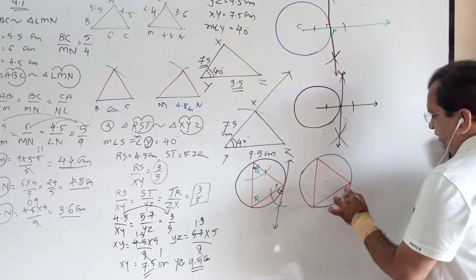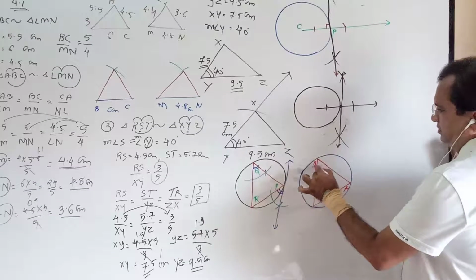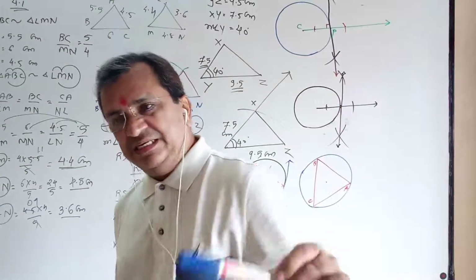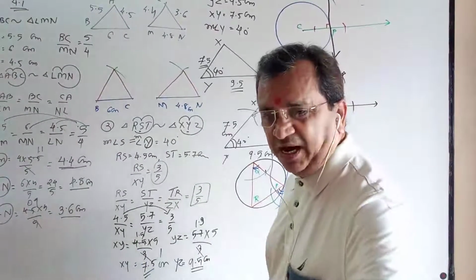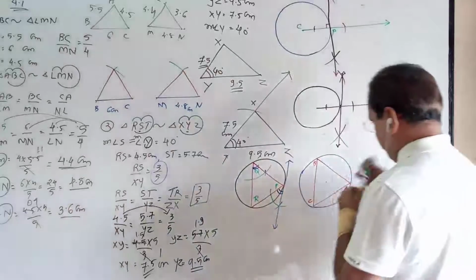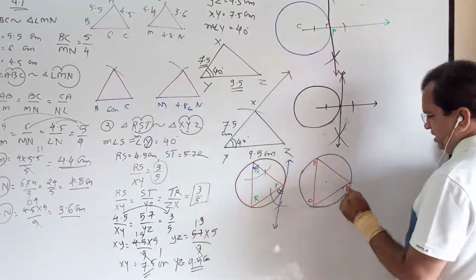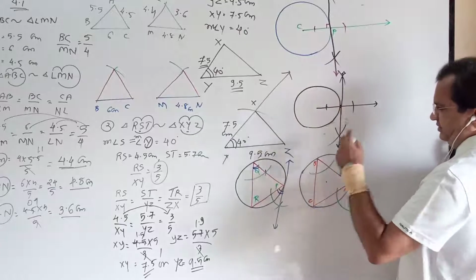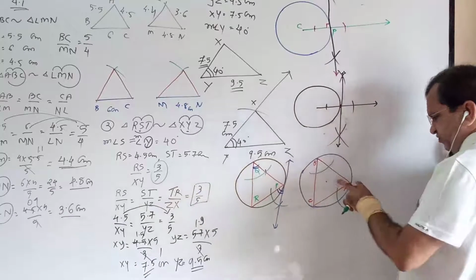This you can say ABC. Now from A and B, same arc you have to mark. From A outside, from B inside, from B inside, from A outside.